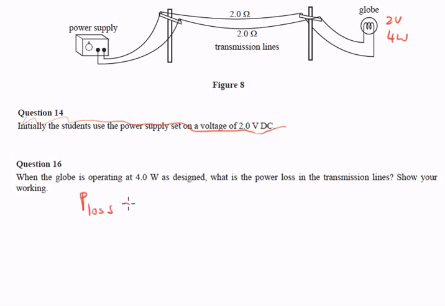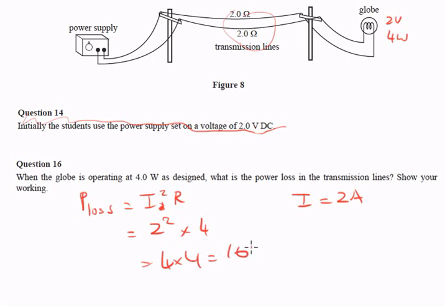Power loss, as soon as you see that, it's always I squared R. We worked out in the last question that I was equal to 2 amps, so this is going to be really easy now. 2 squared, and the resistance of the lines, there's 2 of them at 2 ohms each, so that's 4 ohms. So 2 squared is 4, times 4, 16 watts.